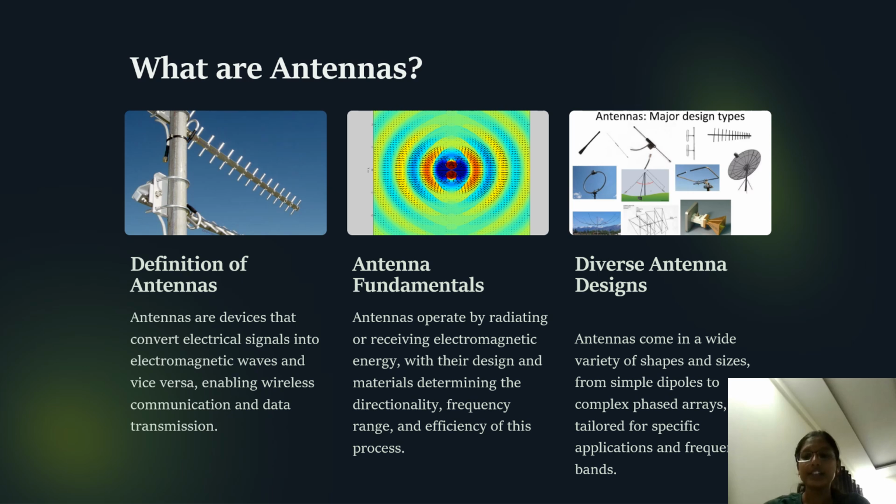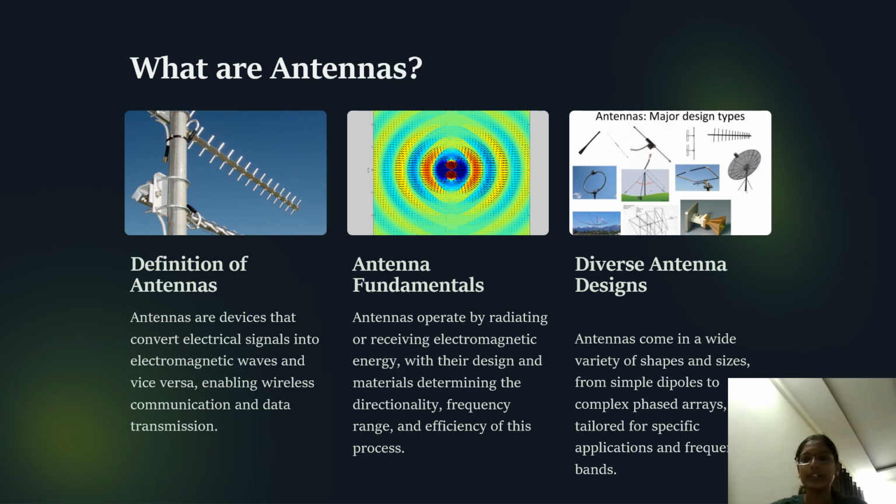So data transmission takes place in these antennas. Antenna fundamentals: antennas operate by radiating or receiving electromagnetic energy, with their design and materials determining the directionality, frequency range, and efficiency of the process.